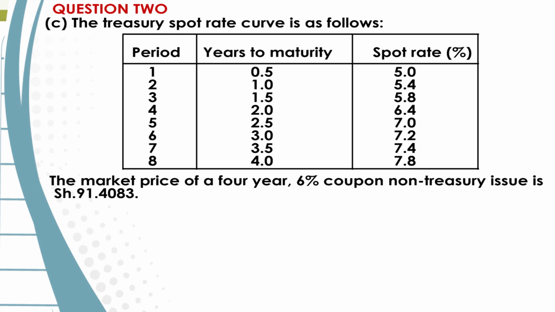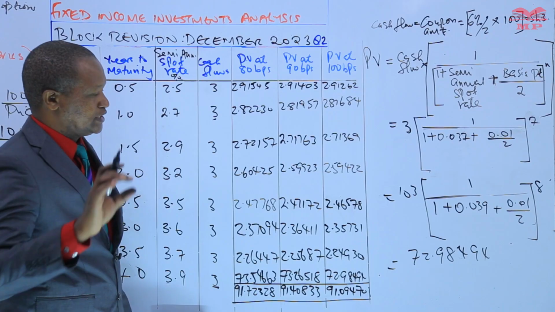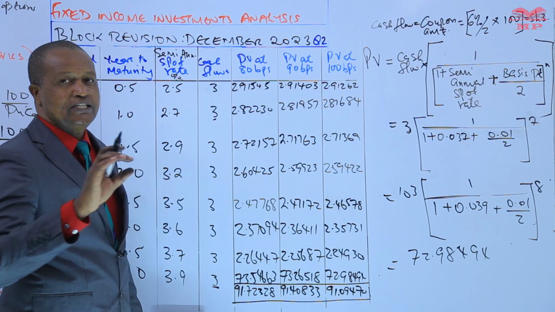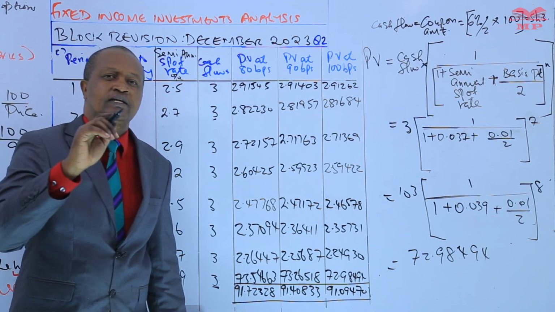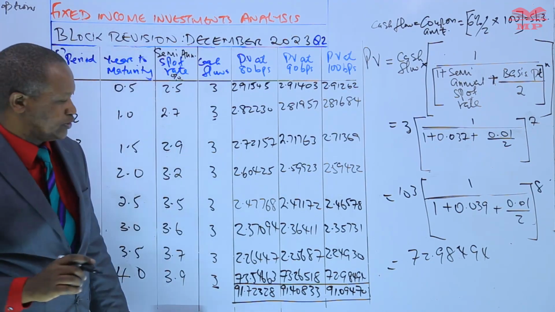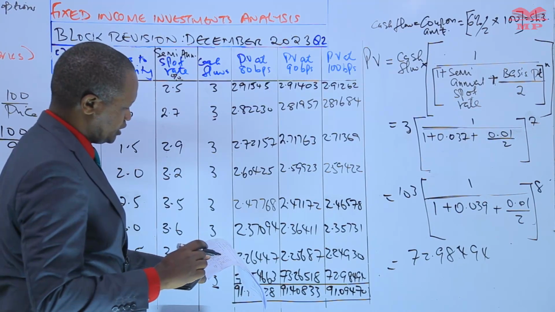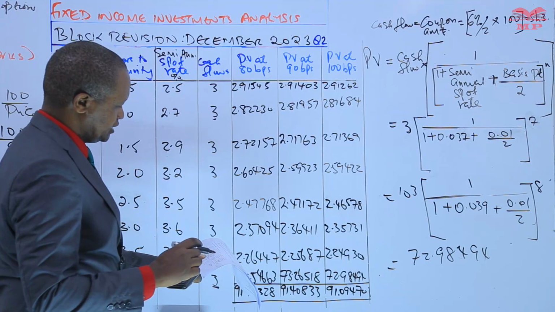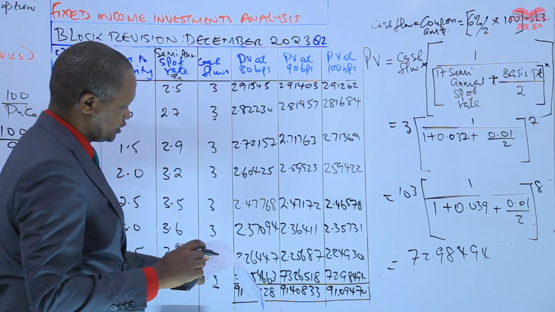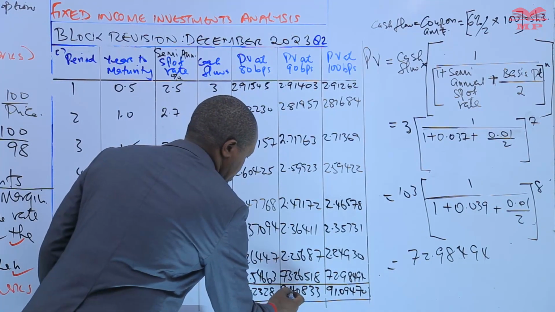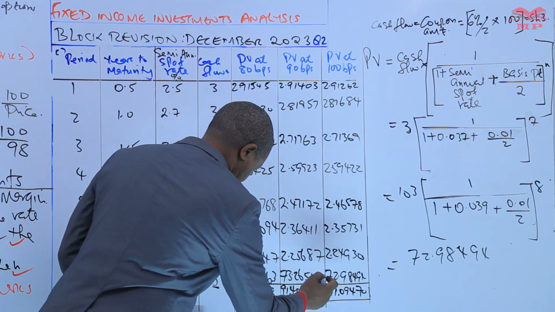The one that is equal to this market price is the Z spread, and you can see 91.4083.